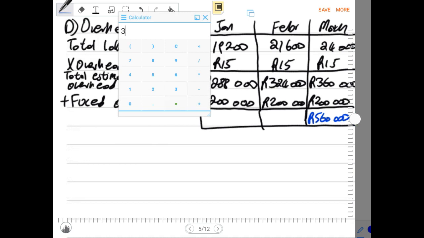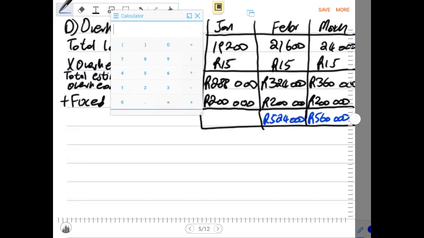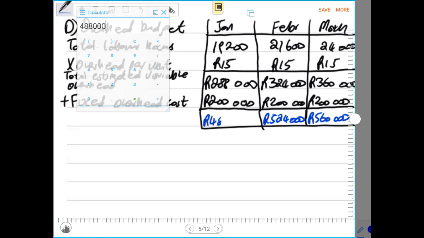Then after we have 324,000 plus 200,000, and this will give us 524,000. Then after we have 288,000 plus 200,000, this will give us 488,000.